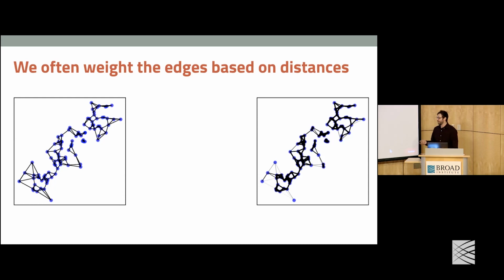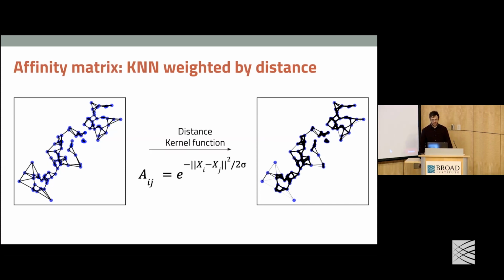But intuitively, we might want to preserve some of the information about the distances. And so how do we do that? We use a distance kernel function, which is essentially a function that takes a distance and converts it to a similarity or an affinity.